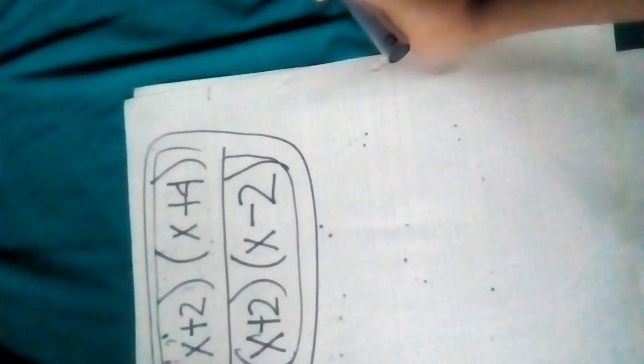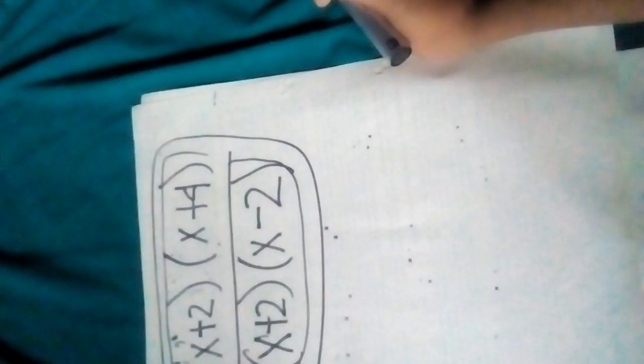Step 2, which is identify the restrictions of the rational function that make the numerator equal to 0. Now, in finding the restriction of the numerator, we should make this one: x plus 2 is equal to 0, x plus 4 is equal to 0.